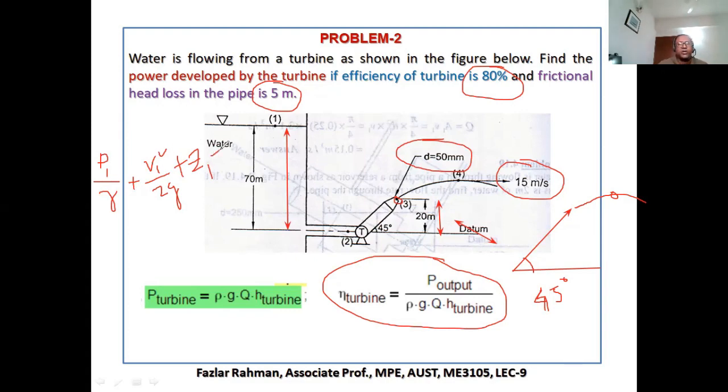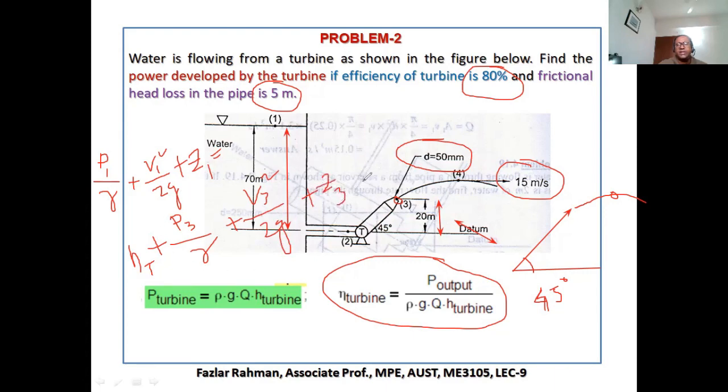This much energy at point 1, then it goes through the turbine. And from the turbine, you are getting some energy. The turbine receives energy from the fluid. So how much energy will it take? H turbine, head of the turbine, plus the fluid getting out from point 3. How much energy? P3 divided by gamma plus V3 square divided by 2G plus Z3.